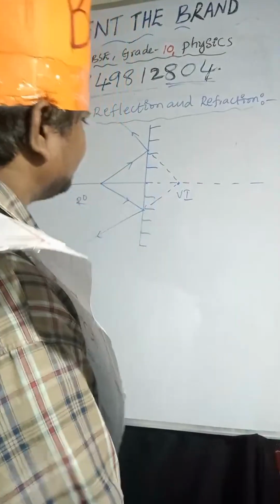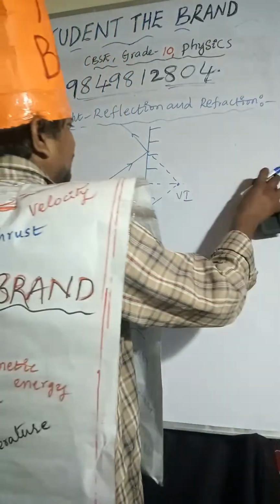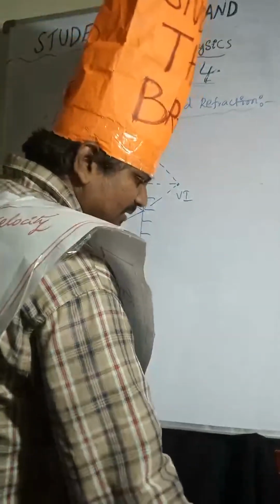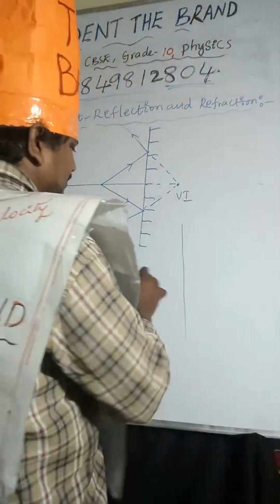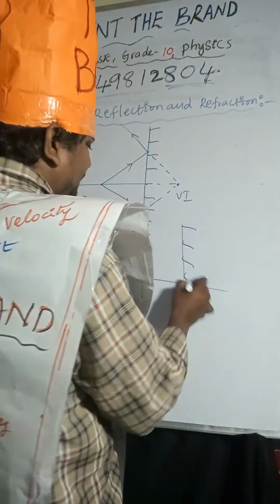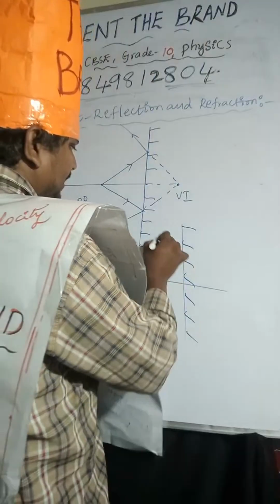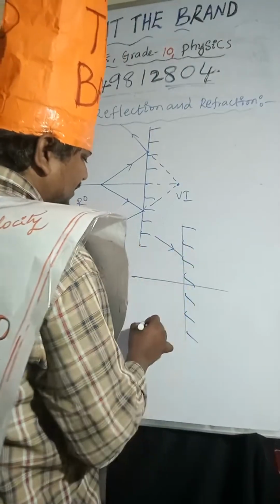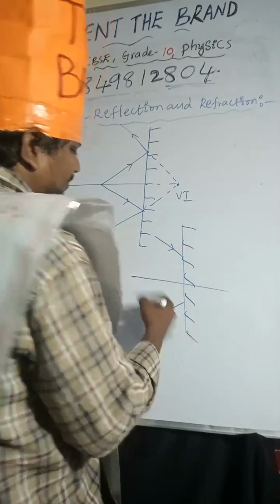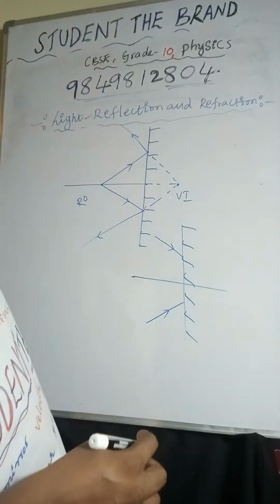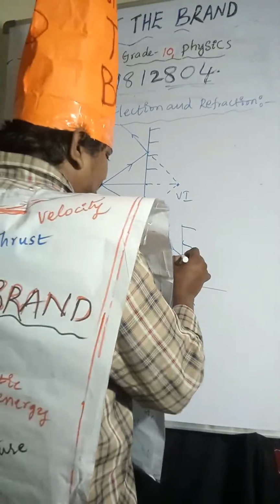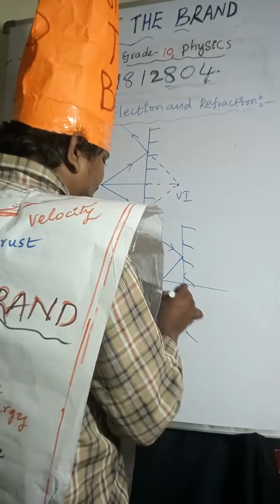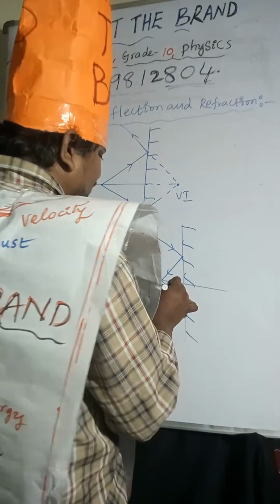Coming to one more. Here I am considering like this. This is a plane mirror. This is one object, and, sorry, light rays are coming from infinity. After reflection, here you can observe.